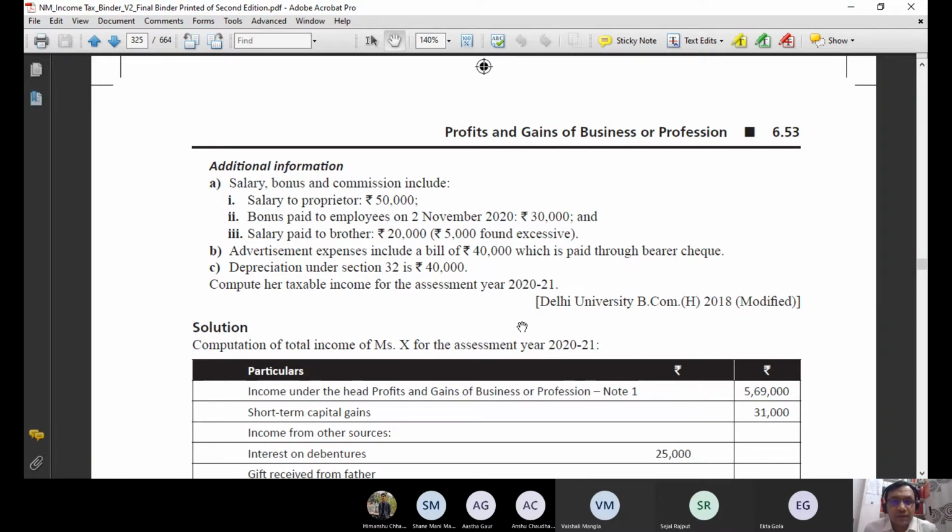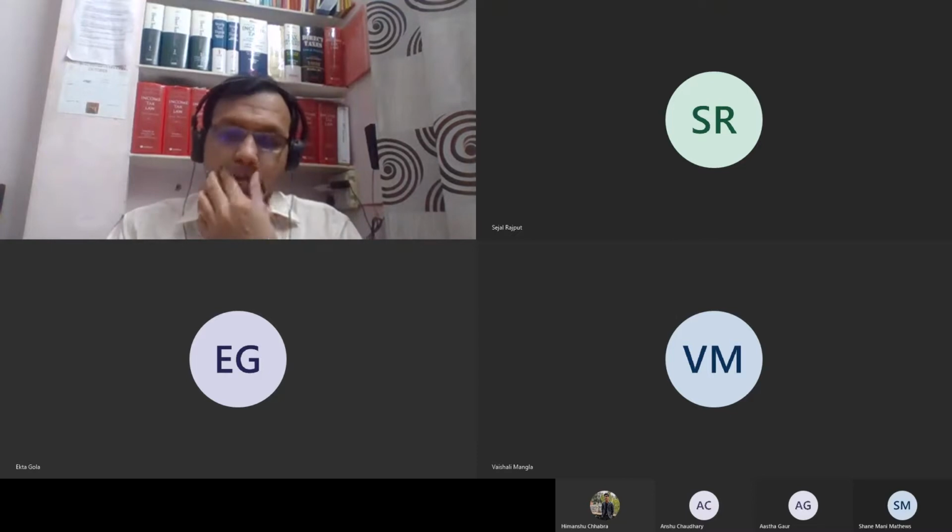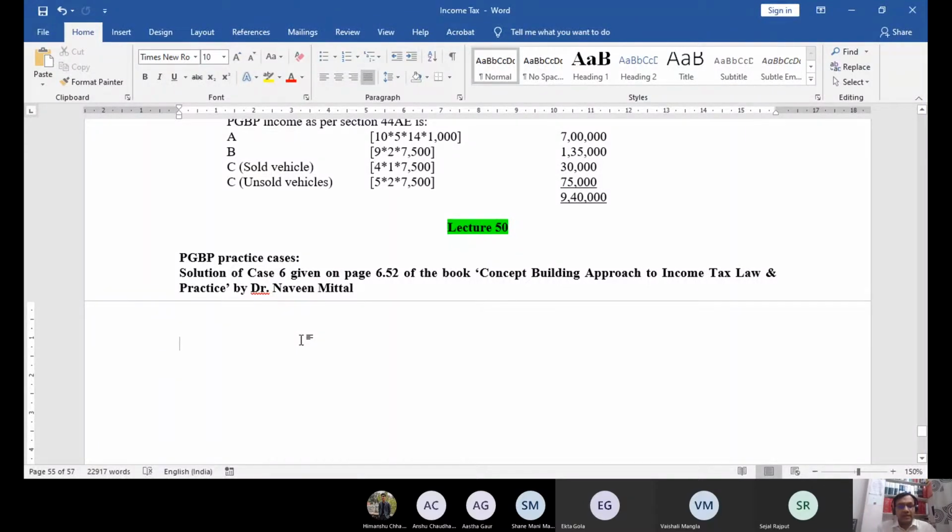The screenshots are available with you, and let me directly open the Word file. So is this Word file visible?